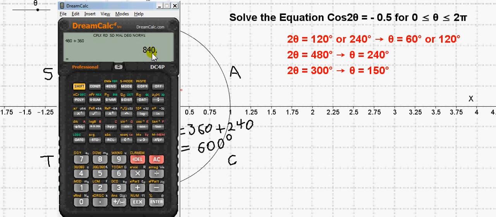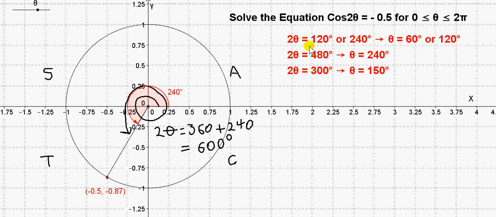Now, that's a solution. The cos of 840 should give minus 0.5. Let's check that. There we have it. But the problem with 840, if 2 theta is 840, then theta is got by dividing this by 2. We get an angle of 420 degrees, which is outside this range here. So we ignore those solutions. So this is as far as we go. We have an infinite number of solutions, but we want our solutions to be between 0 and 360 degrees. So we have 4 solutions that are valid in this case.